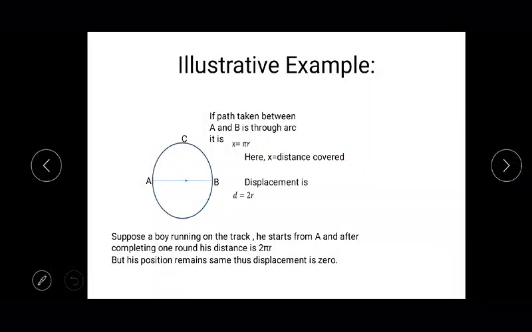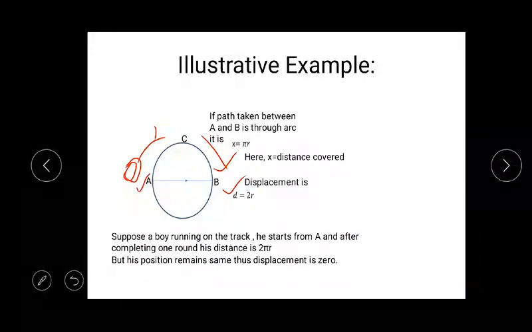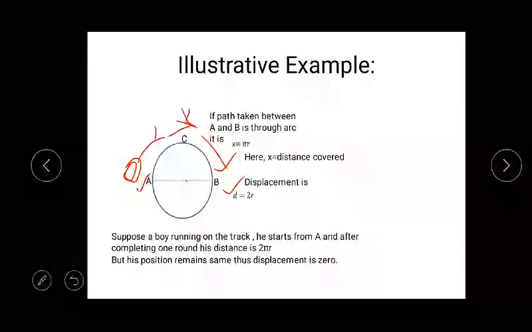An object is going circular. Let's say here we have an object O which is moving from A to B through this arc, passing through C, in this direction.